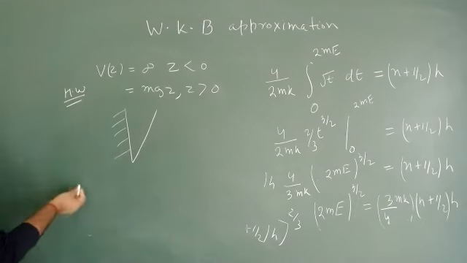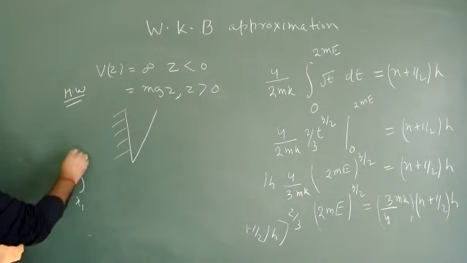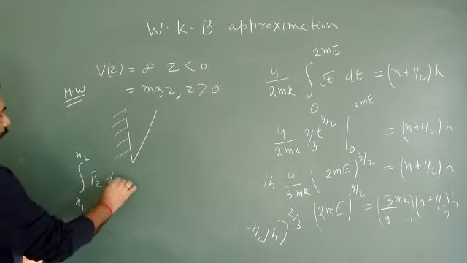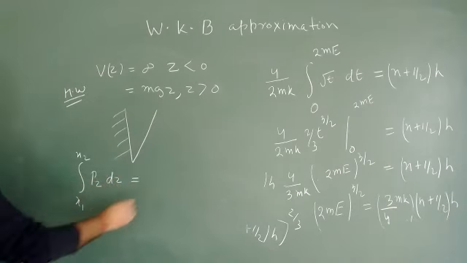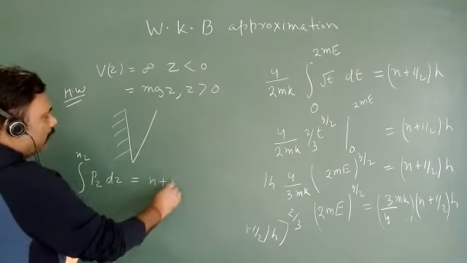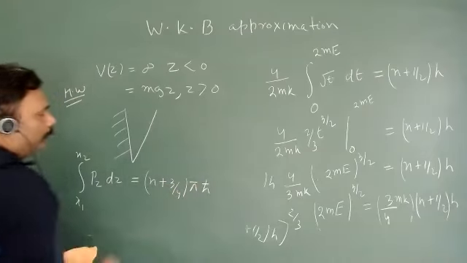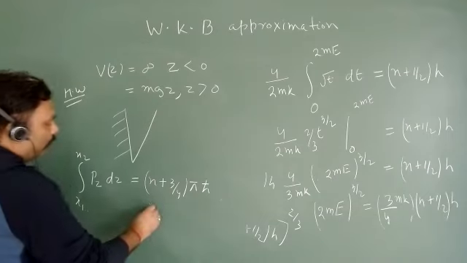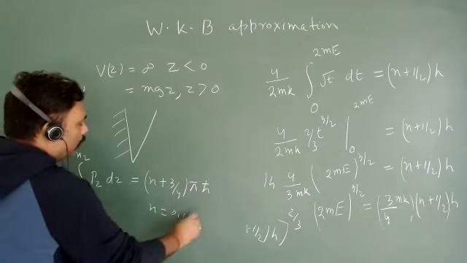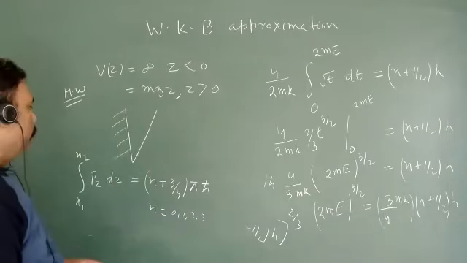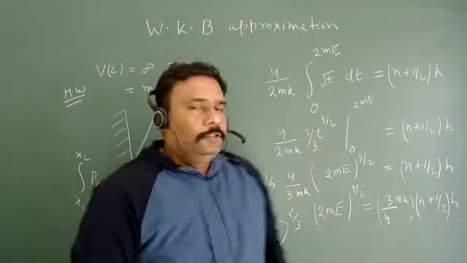So which formula you have to use? You have to go from x1 to x2, and you have to go for the integral of pz dz is equal to what? (n plus 3/4) pi h cut. And n is equal to what? 0, 1, 2, 3. So same problem, it is exactly the same problem. But what you have to do?